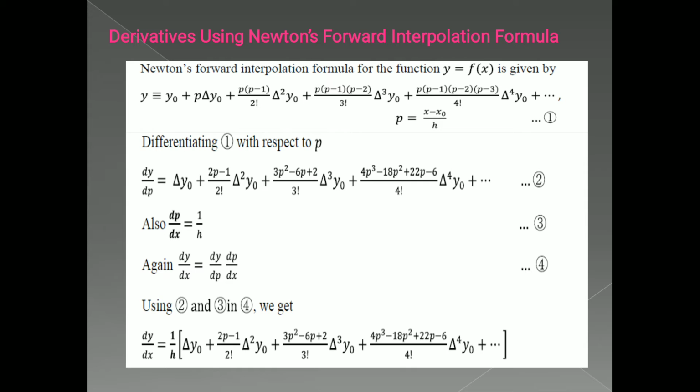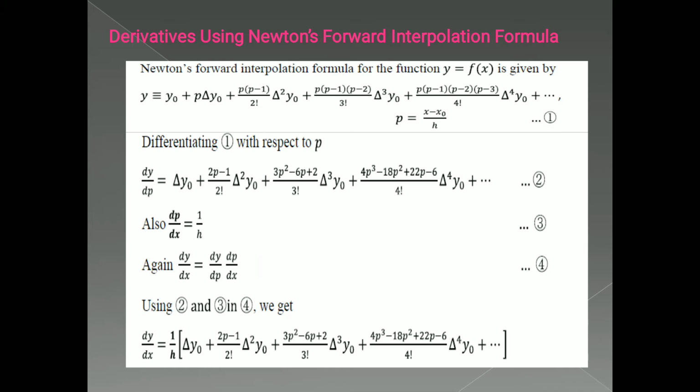So the derivative using Newton's forward interpolation formula is given by, we already know Newton's forward interpolation formula for the function y is equal to f of x is given by y is equal to y0 plus p delta y0 plus p into p minus 1 divided by 2 factorial delta square y0 plus p into p minus 1 into p minus 2 upon 3 factorial delta cube of y0, and so on.